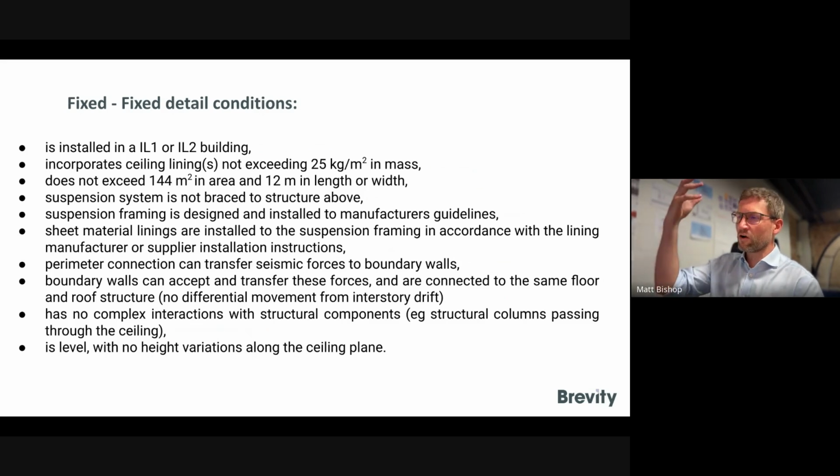That's like long columns going up through floating ceilings or stuff like that. Who knows what's going on there? It really needs specific engineering design, and also to level ceilings. So essentially, we're limiting this detail to standard apartment plasterboard square stop ceilings and the like.